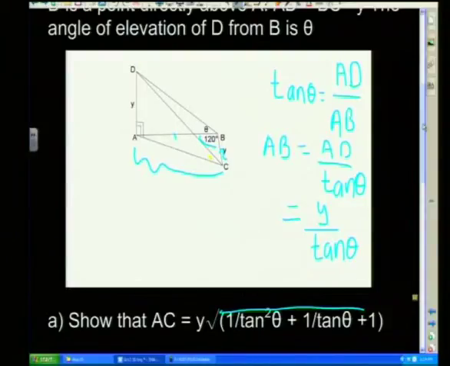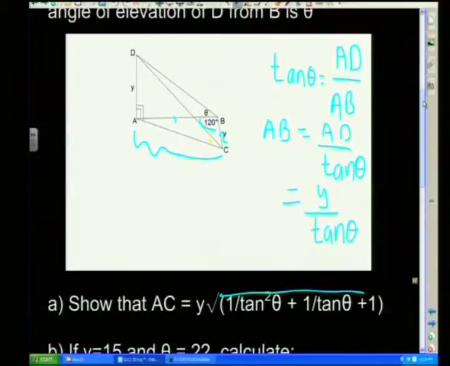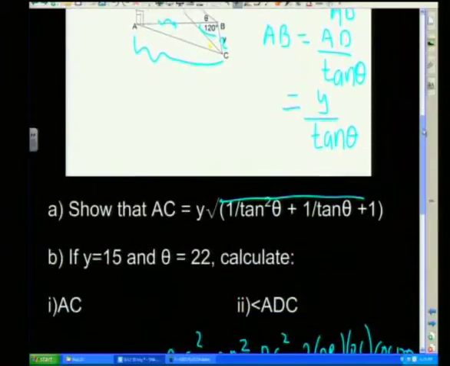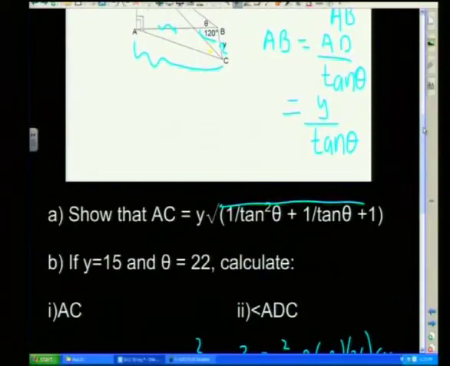We then found side AB, which is the linking side between the two triangles. That helped us to work in triangle ABC and show that AC was equal to y times the square root of 1 over tan squared theta plus 1 over tan theta plus 1.